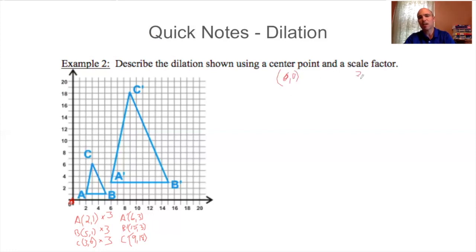And the scale factor was 3, which basically means the x and y's were simply multiplied by 3. And that's all you have to do if the center of the dilation is the origin, which is what it is in most cases, if you're actually asked to come up with all the coordinates. So unless the teacher or the test maker is trying to be exceptionally mean, those are the types of problems you guys will see.